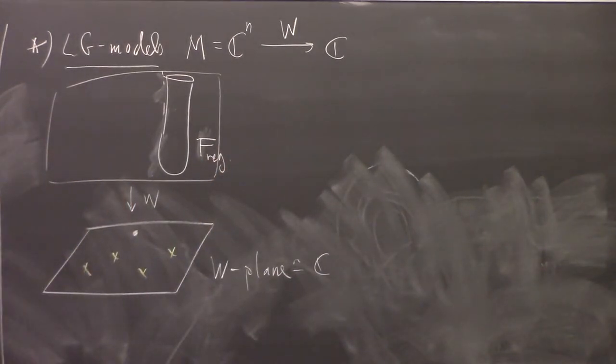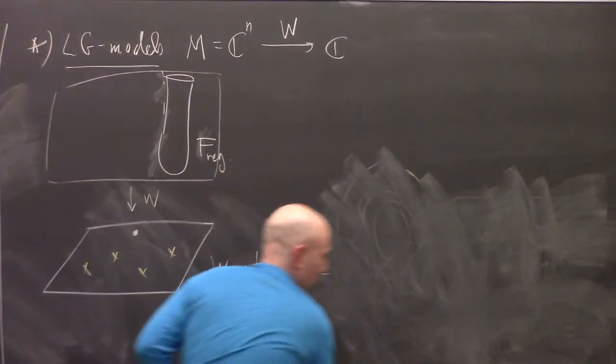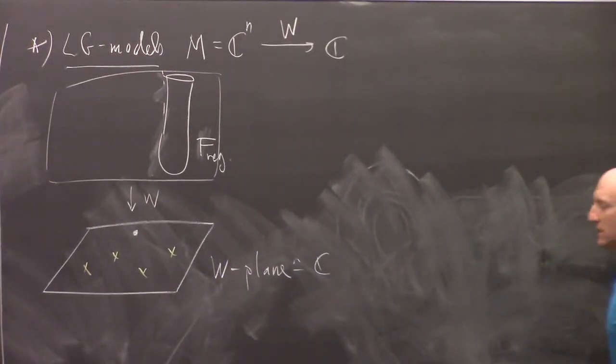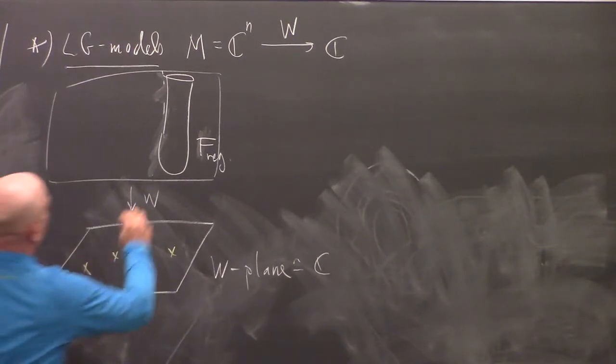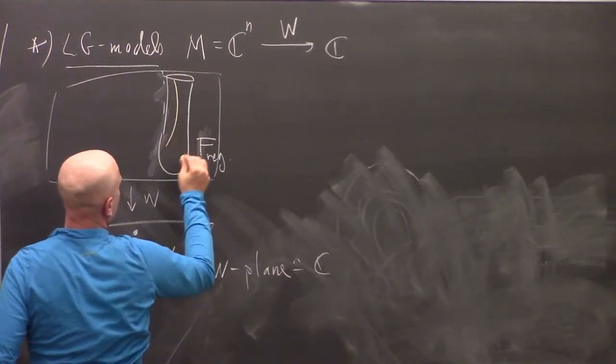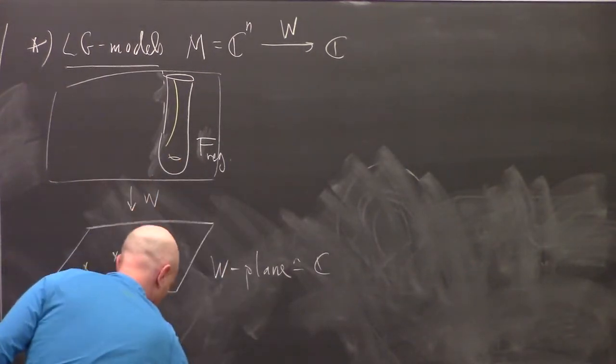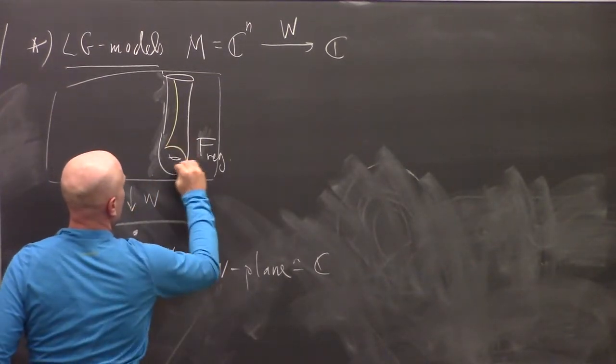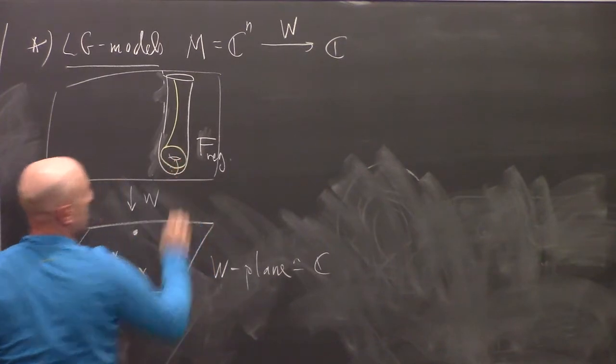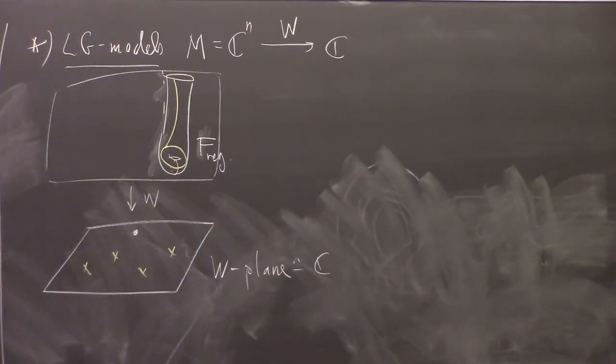Inside F regular, I'm going to assume that someone has already given me a Lagrangian skeleton. Whatever we have in mind, I already have some kind of Lagrangian skeleton. I can draw like a curve. I already have some Lagrangian skeleton in here, something that looks like that.